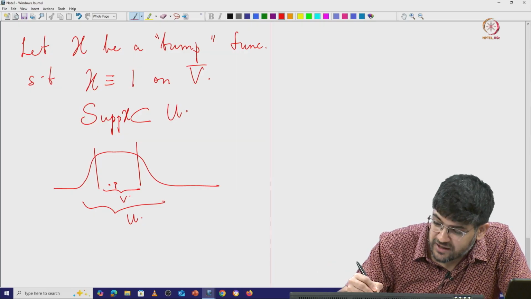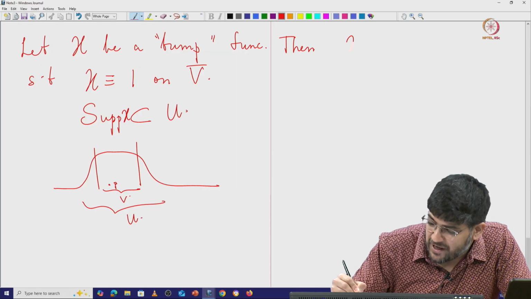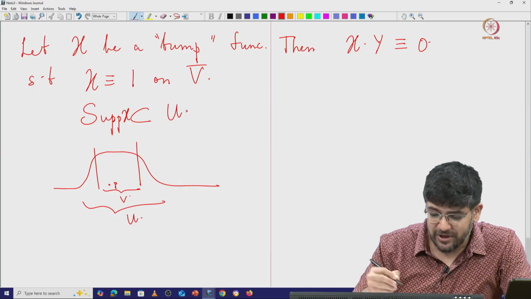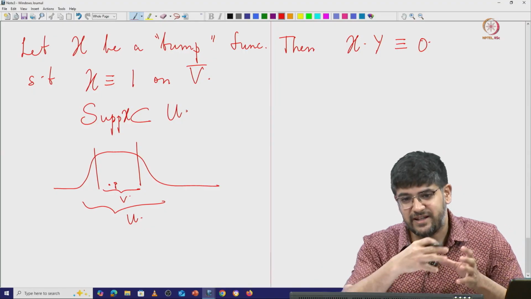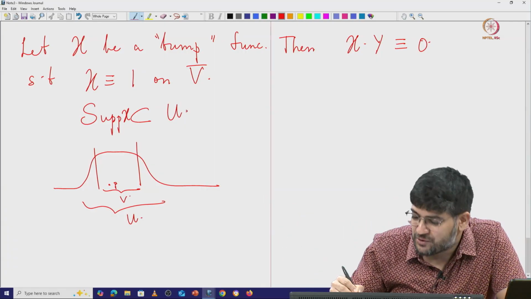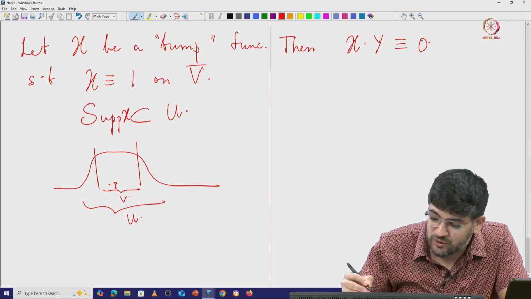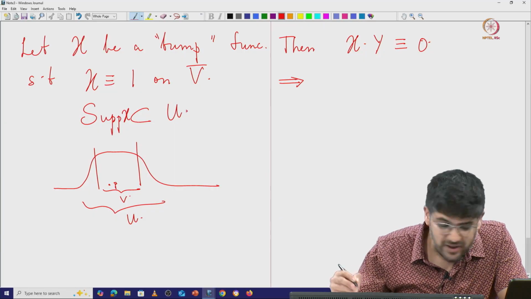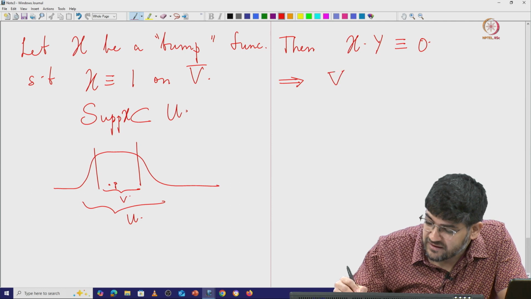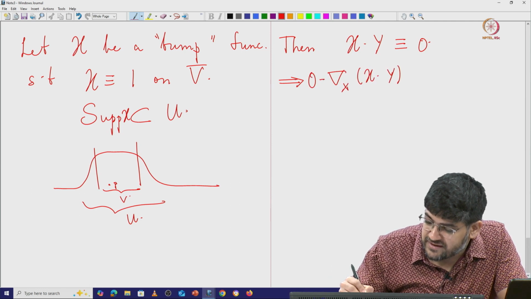All right, so then if you multiply chi with y, this is going to be identically 0. Why? Because y is identically 0 on U and chi is identically 0 outside of U. So chi times y is 0, which means that if you differentiate, then this is 0, right.